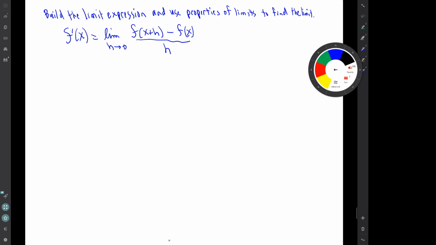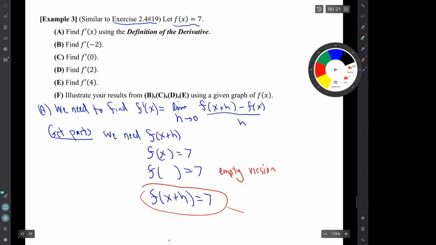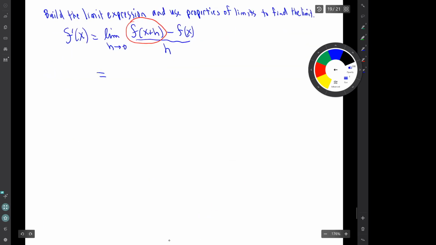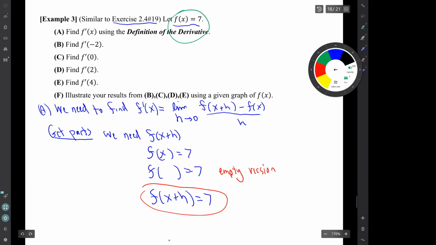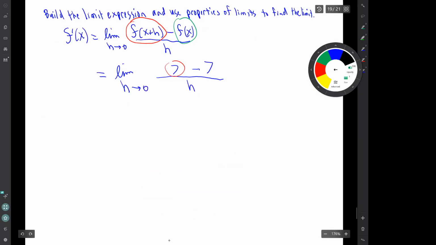So we need to go get our expression that we found for f of x plus h and put it there. F of x plus h is the number 7. And then we need to go get the formula for f of x and put it there. Well, remember, f of x is 7 as well. Now we can use arithmetic to cancel.